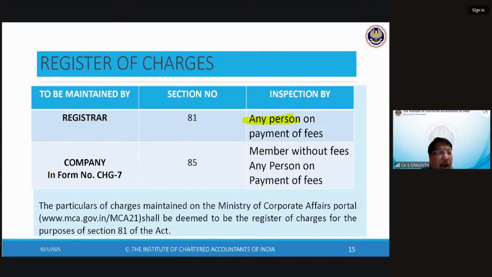Also, the company is required to maintain under section 85. The company also, in its office, is supposed to maintain a register of charges, which is in form number CHG-7, one more form. Form number CHG. So all that come, 1, 2, 3, 4, 5, 6, 7, 8, 9.